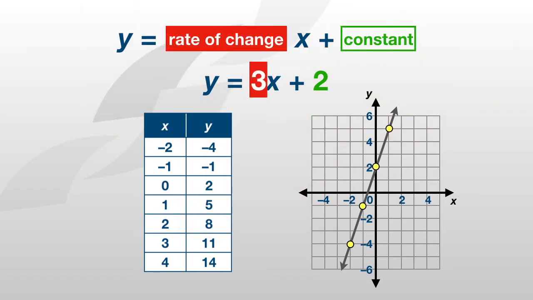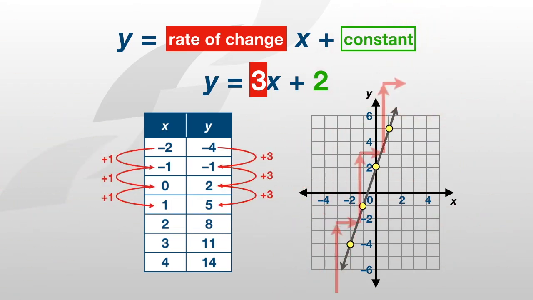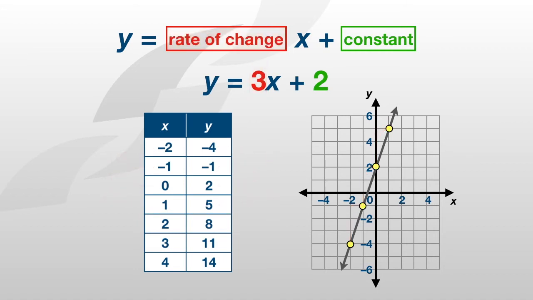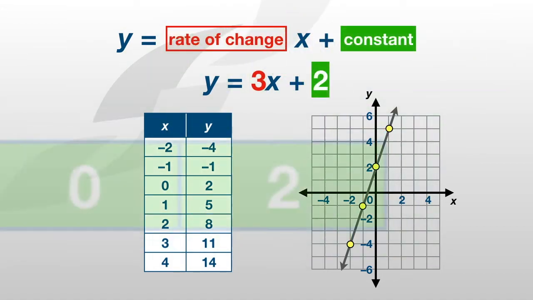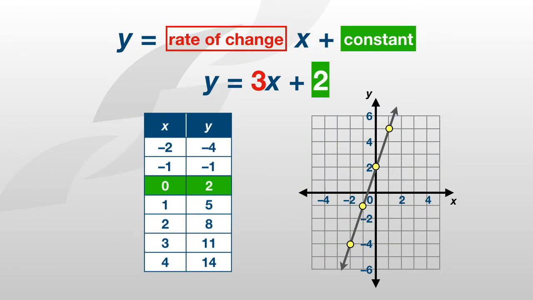The rate of change shows a constant rate in the table and shows a constant change between points in a graph. The constant is the y value in the table when x equals 0. This is because when 0 is substituted for x in the equation, it equals 2. Finally, the constant is the value on the y-axis where the line crosses it.